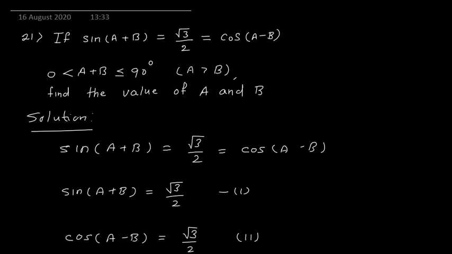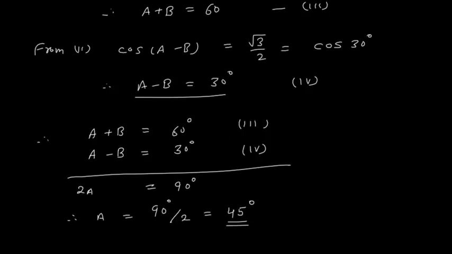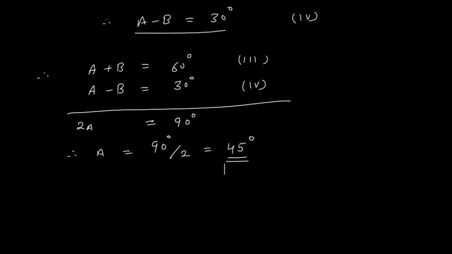What else? We have to find a and b both. So once we got the value of a, I can put the value of a in any of the equation. So put a equal to 45 degree in equation 3.